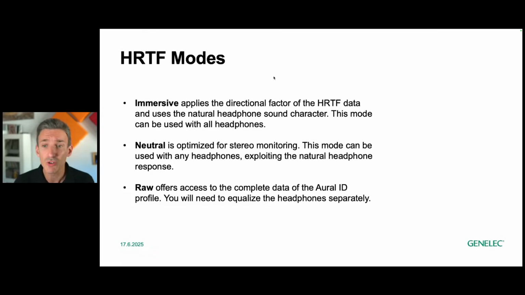Therefore, for me, it sounds really strange if I just activate it. You will need to equalize the headphones separately. But if you're into that, usually you are already some kind of researcher, and I think you know what you will have to do. Otherwise, of course, just reach out to us.